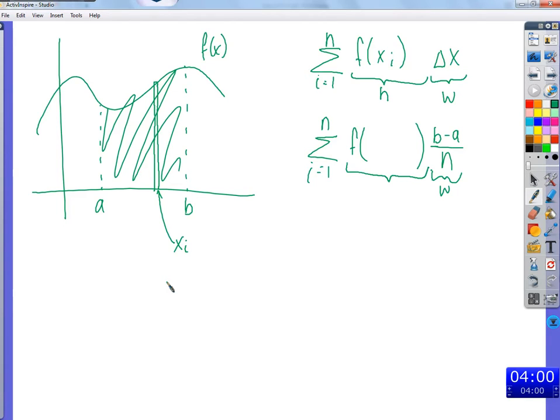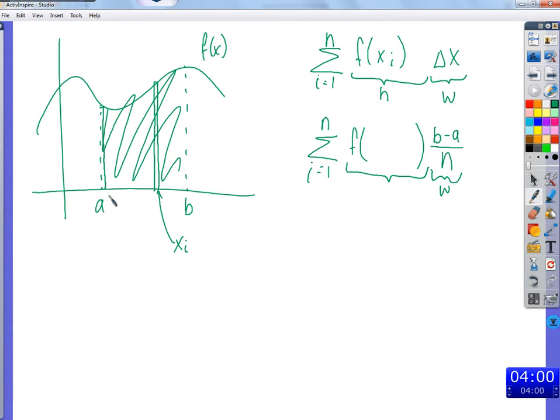Let's say with the first rectangle. Remember, we're going to use the right side. How far away is the right side from a? b minus a over n away, right? The width of one rectangle.